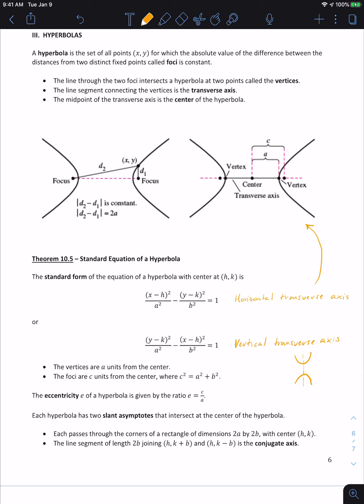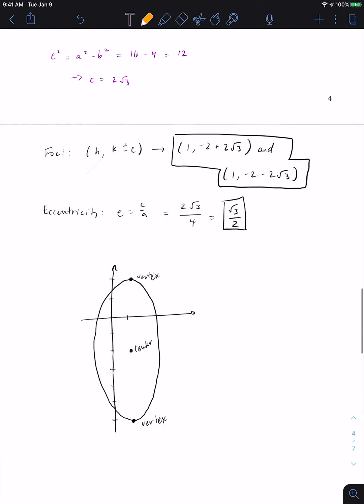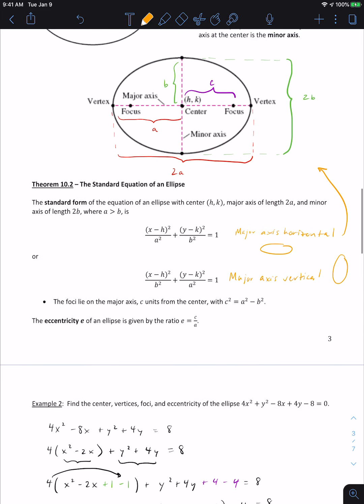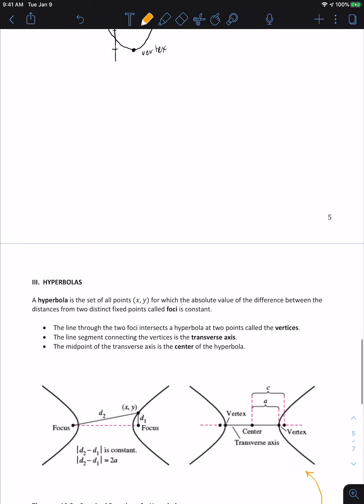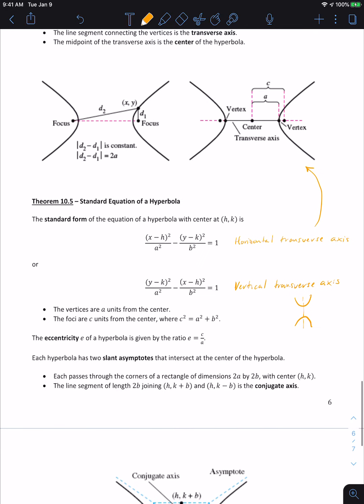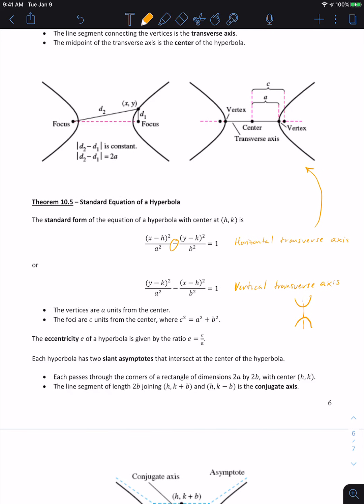Okay, how do you know the difference? First of all, the standard equations for a hyperbola and an ellipse look very similar. The difference is an ellipse has pluses in both cases, and the hyperbola has minuses.